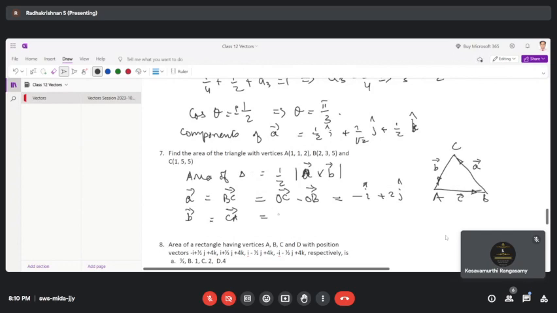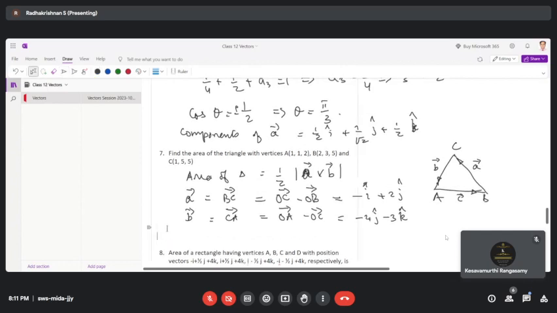CA will be A minus C. So first, 1 minus 1 is 0. Second is 1 minus 5. Third is 2 minus 5. So now you have A and B, the components of A and B.